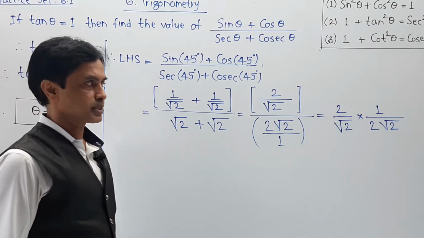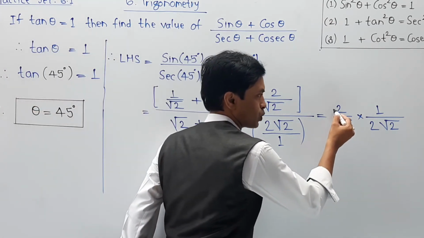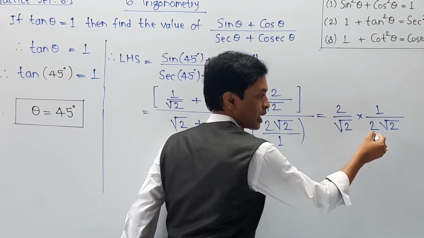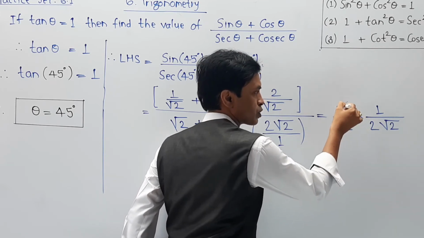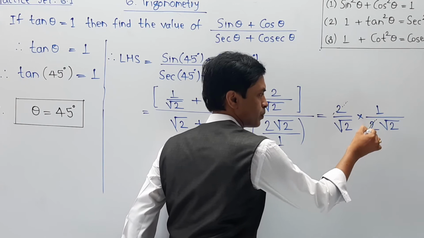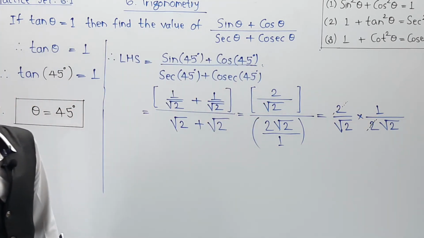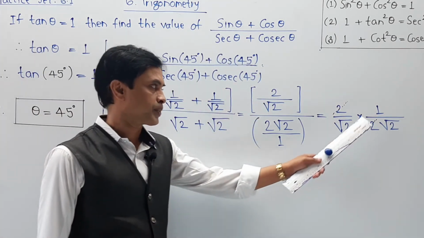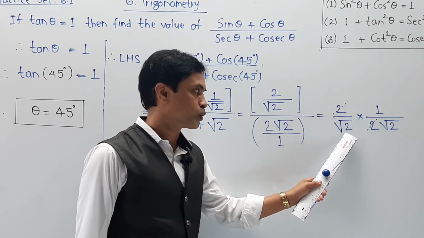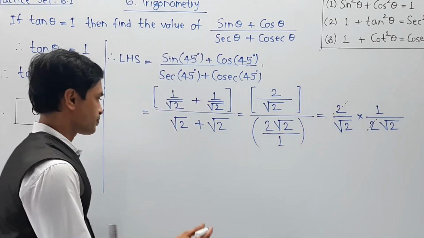Now the next part: 2 is available in the numerator and 2 is available in the denominator, so cancelling 2 with 2. Now you get the step in modified form, that is 1 upon root 2 into root 2.